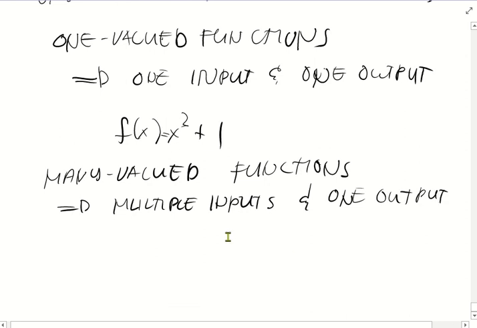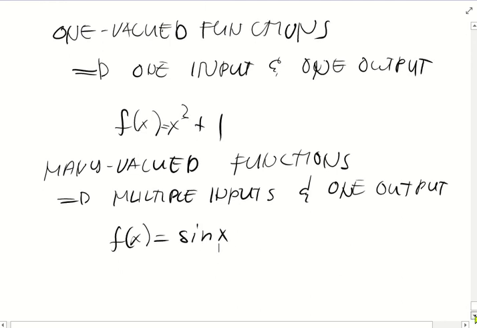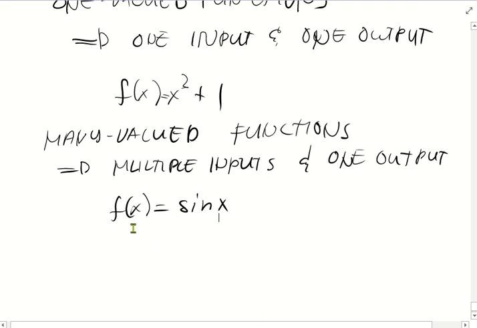Yes. An example of that is f of x is equal to sine of x. Why is it a multiple input, sir? If I input 20 degrees here, sine of 20, is it more than 1?